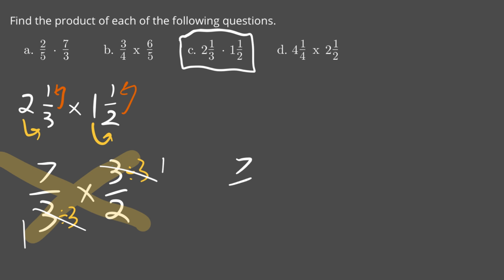We have 7 over 1 times 1 over 2. These cannot be simplified any further, so we will now multiply straight across. And that gives us 7 times 1, which is 7, over 1 times 2, which is 2. Double checking, 7 over 2 cannot be reduced any further, so our final answer is 7 over 2.